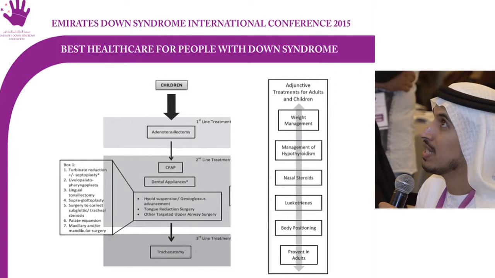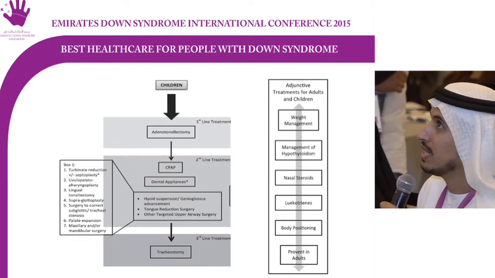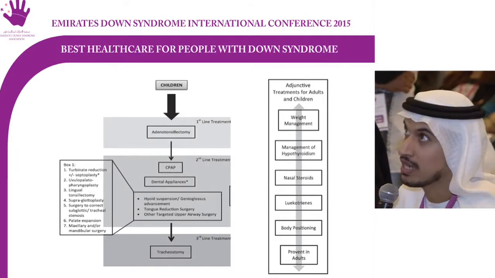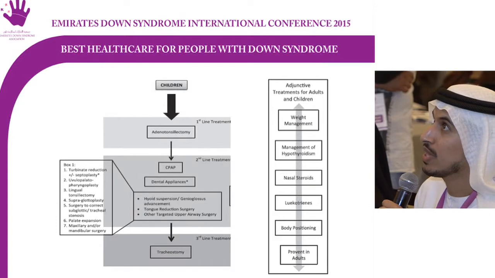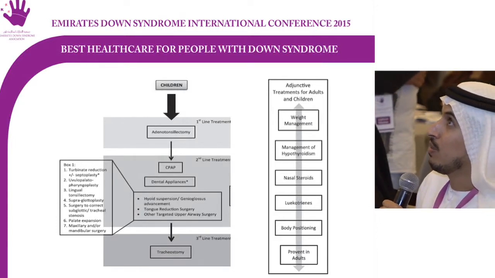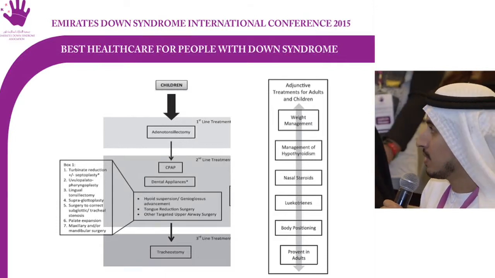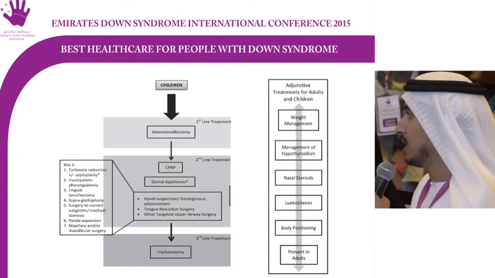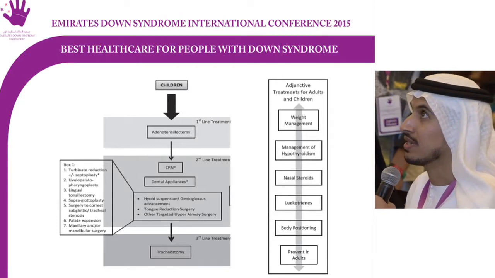We have adjunctive therapy that's always helpful here. Nasal steroid is very helpful. It's anti-inflammatory, and it does reduce the adenoid size, along with leukotriene receptor antagonists like montelukast. Working on weight management is always helpful, because we said that the risk factor number 1 is weight, obesity, right?